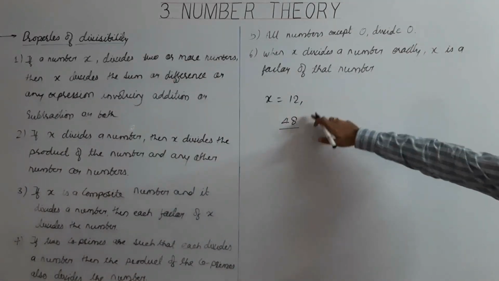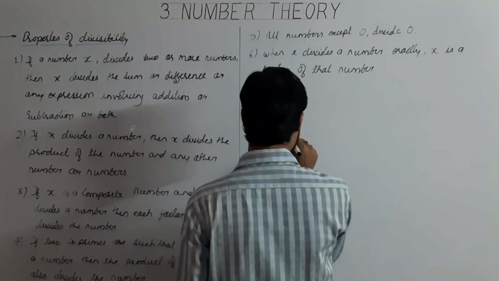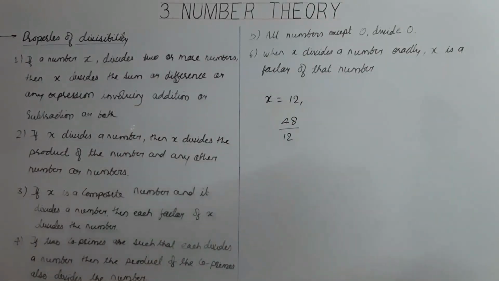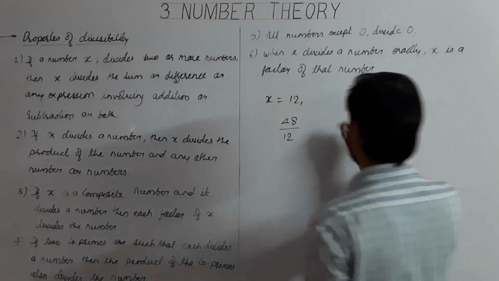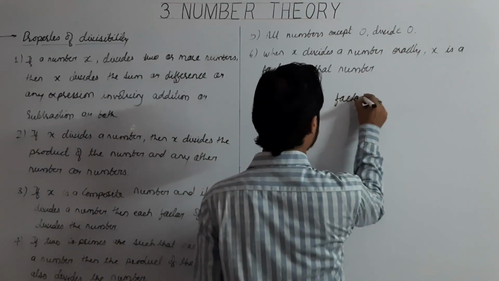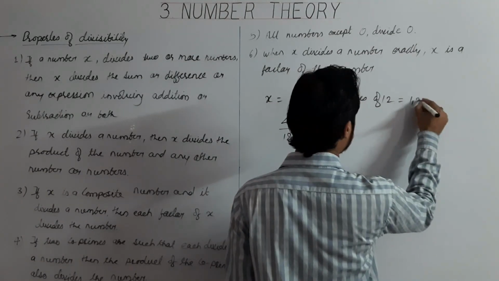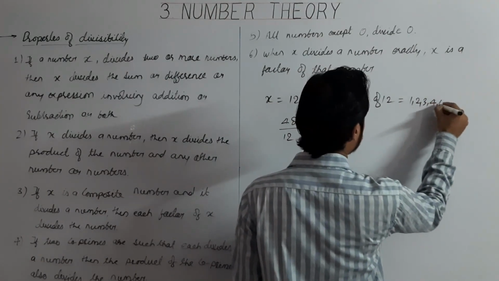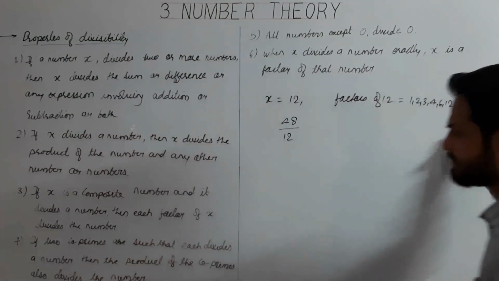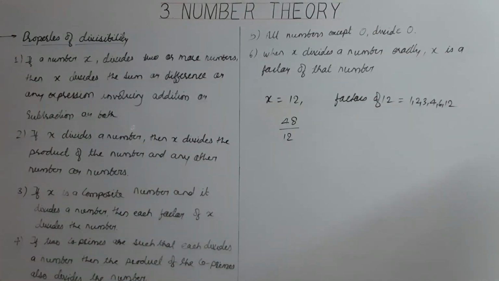So we know that 12 divides 48. Now the property says that each factor of x divides the number. Factors of 12 are 1, 2, 3, 4, 6 and 12.